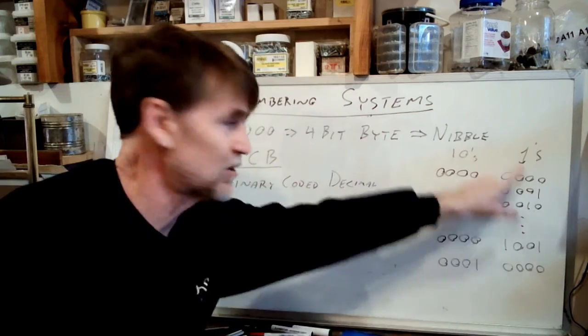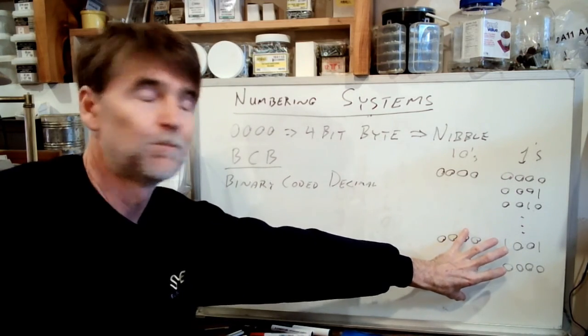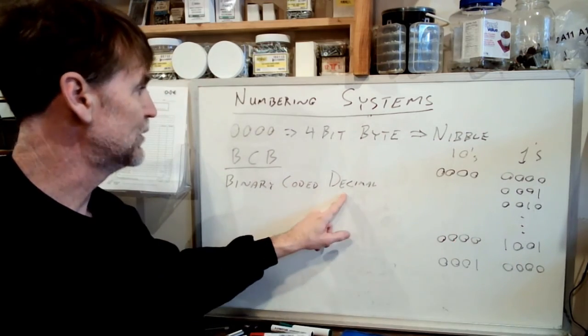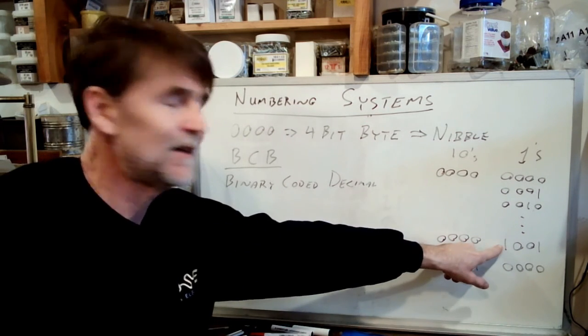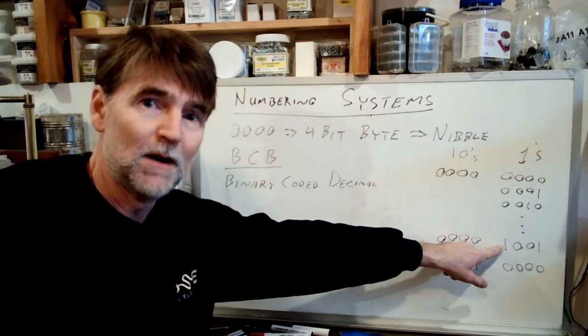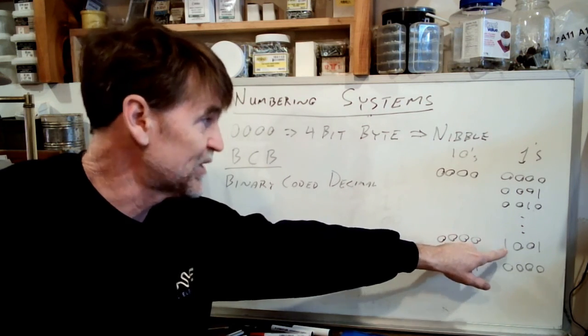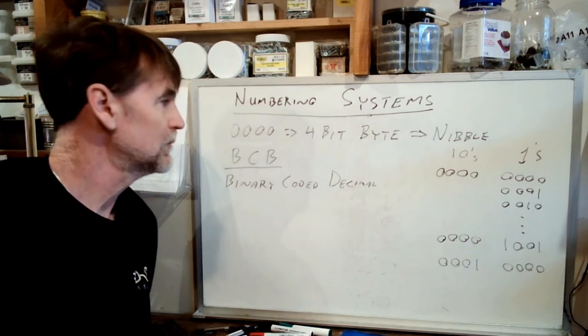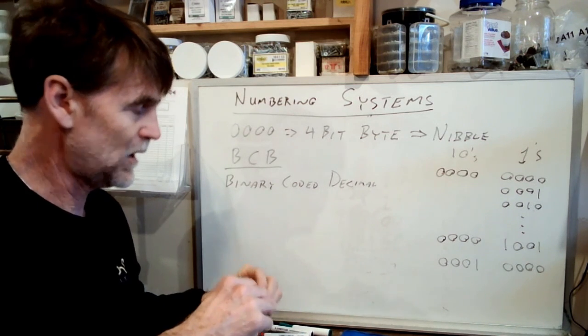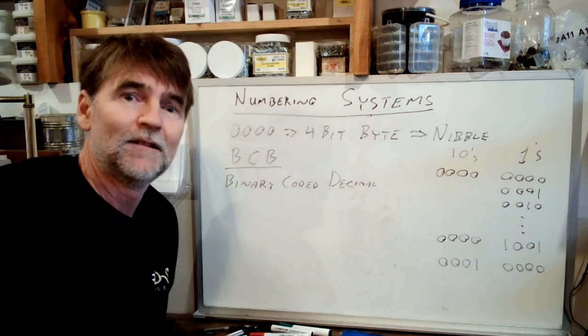It is unquestionably nothing but ones and zeros. But we are following the rules of the decimal counting system, so we're not taking this nibble all the way to its maximum, which is 15. We're going to stop at 9, because that's the rule of the decimal system. So there you go. That is how to count.